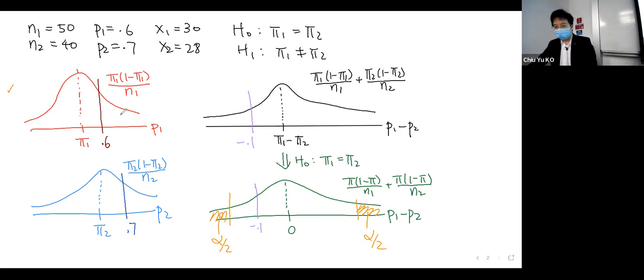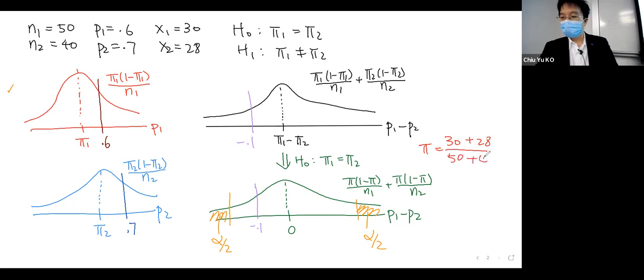So that is how they do it, and how you get the pi: you put them in the same group, so just 30 plus 28 over 50 plus 40, the number of people actually having that characteristic. Then you just go to the bell, assume the bell continues to hold, and look at that.